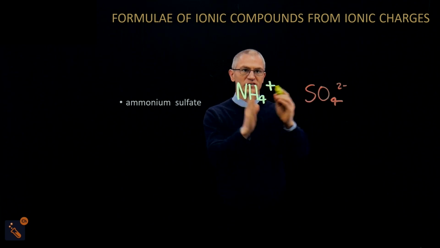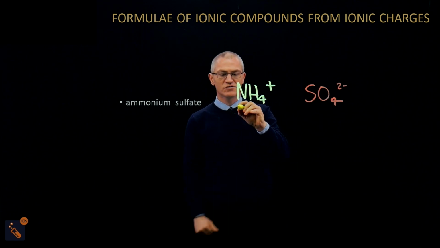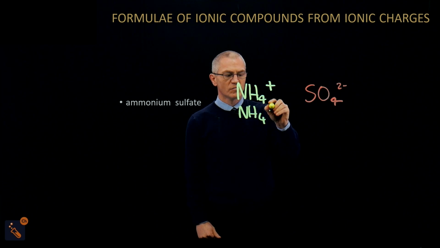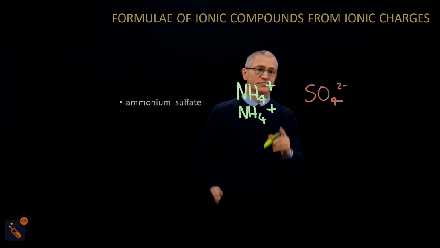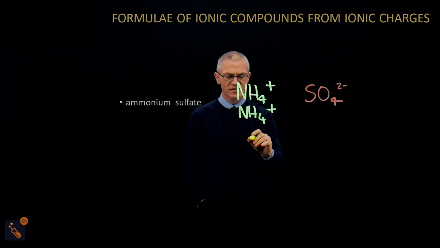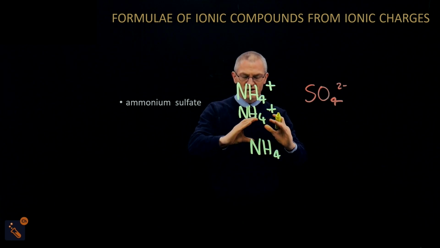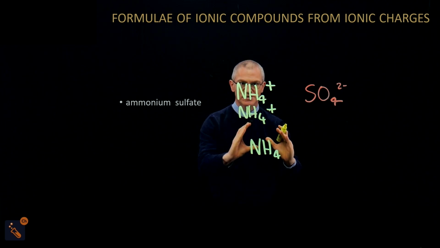So looking at combining these 2 together, how many of these do we need to cancel out this? Well, we need 2. So that means NH4+ will need 2 of those. So that formula means that we have NH4, and again, it's a polyatomic ion, so we need to put that in brackets.